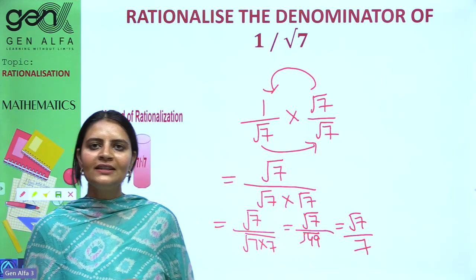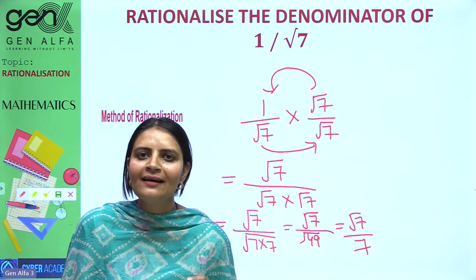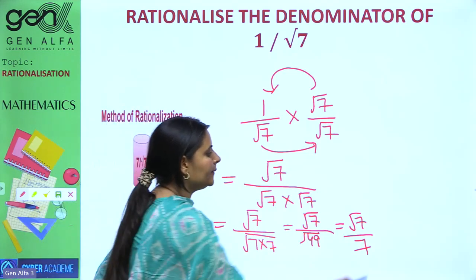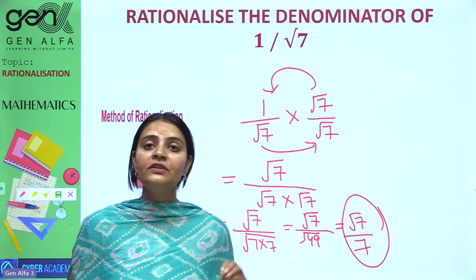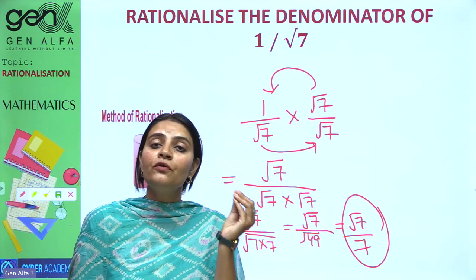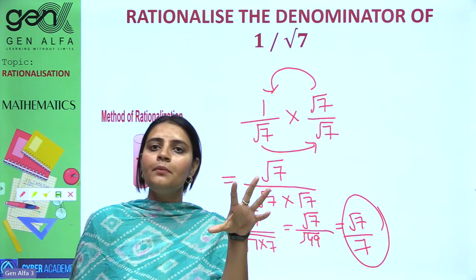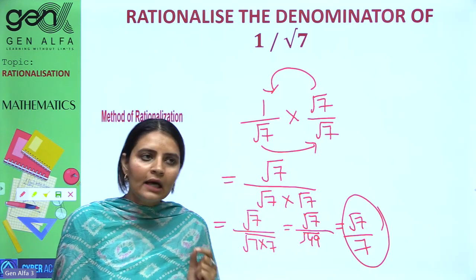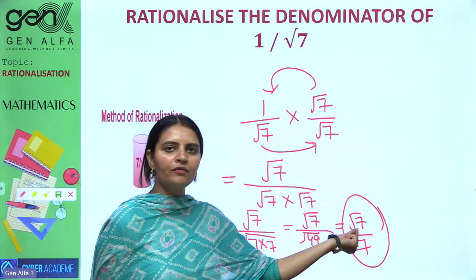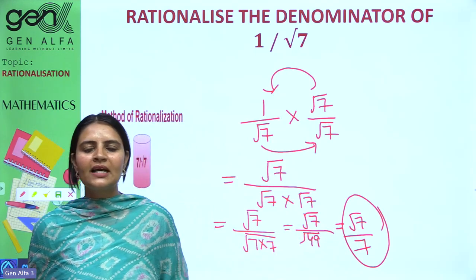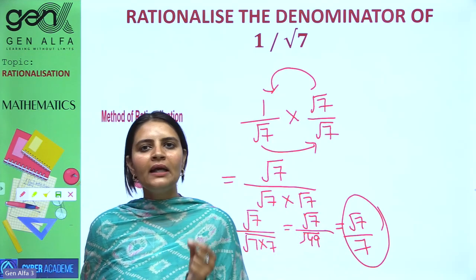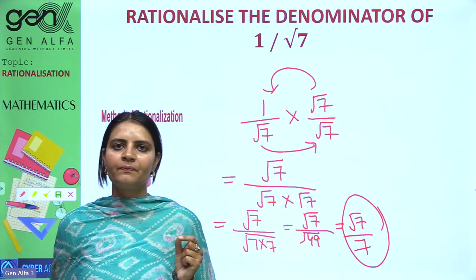Have I removed the under root in the denominator? Yes, you can see. Although the under root is still present in the numerator, the main point of rationalizing the denominator was to make the denominator free of roots.